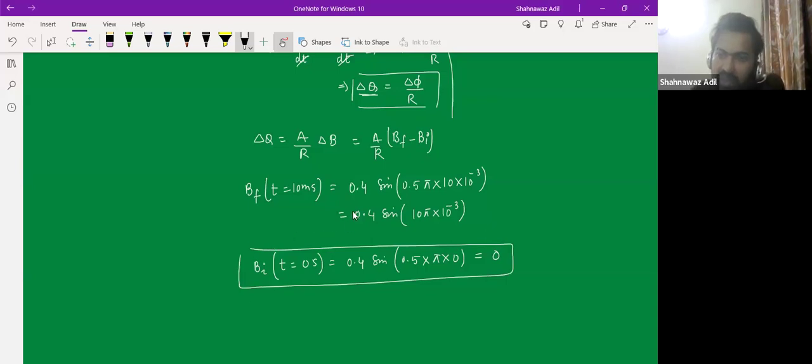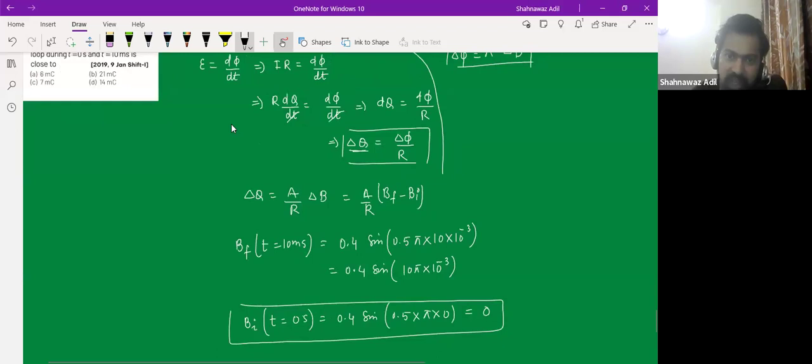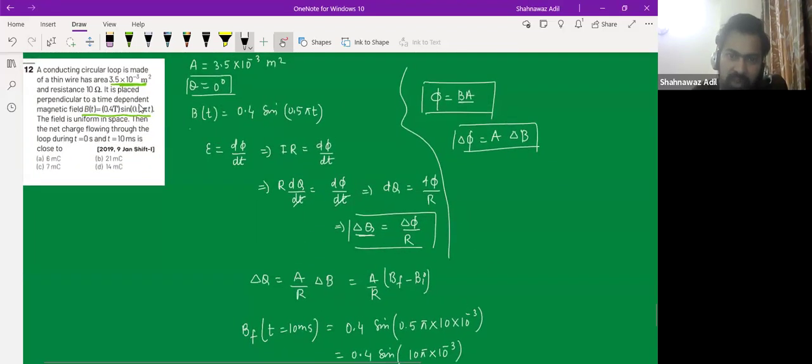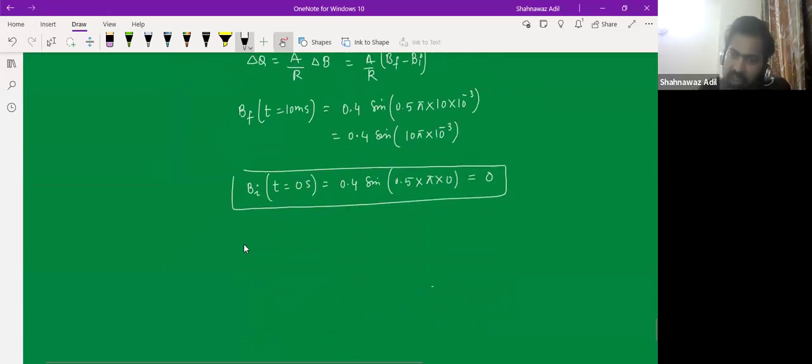So we only need to find out this thing, right? How much is this thing? We have to just put these values in here. So what will we get? 0.4 sine, and how much is 10 divided by 1000, pi?